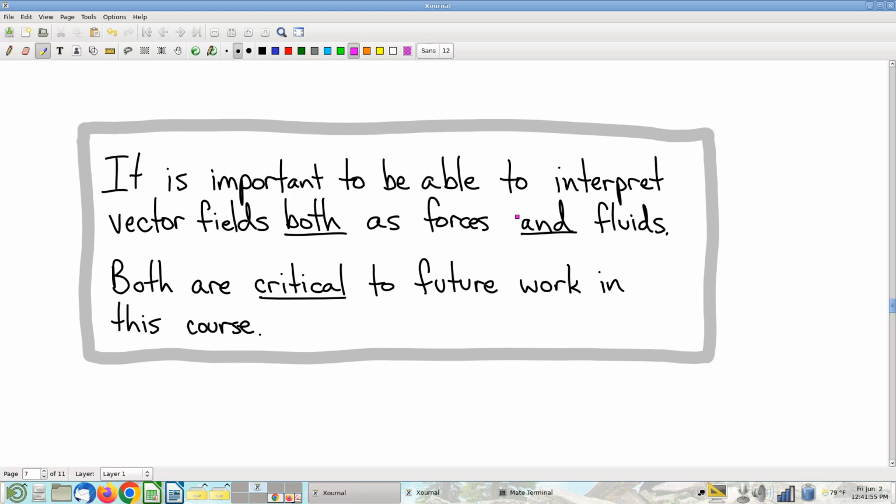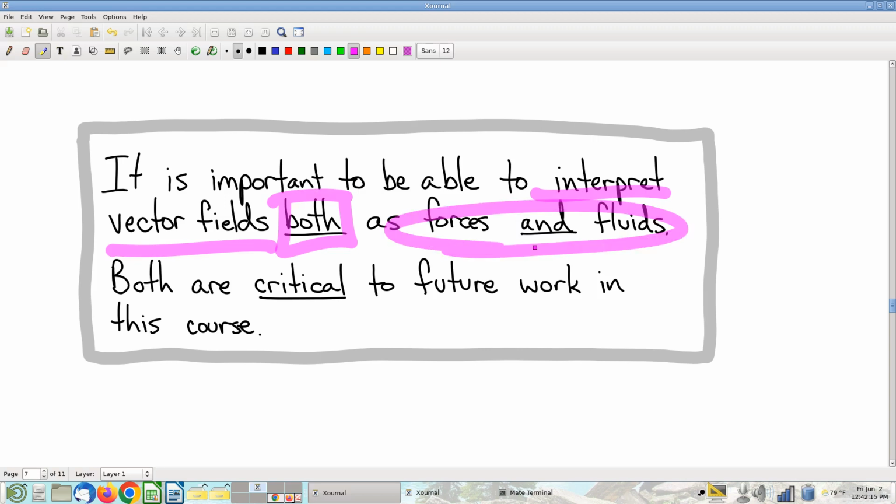And there will be other examples that require that we think about the vector field in terms of fluids. So this is not an either-or kind of deal. I just want to make it very clear. You definitely need to be able to interpret vector fields both as forces and as fluids. Otherwise, you're going to be unprepared for chapters 6 and 7. Okay. All right.